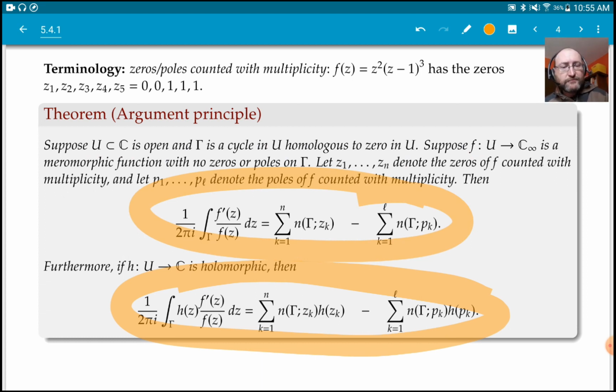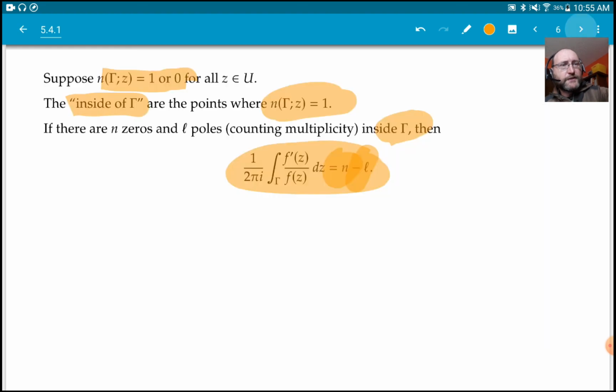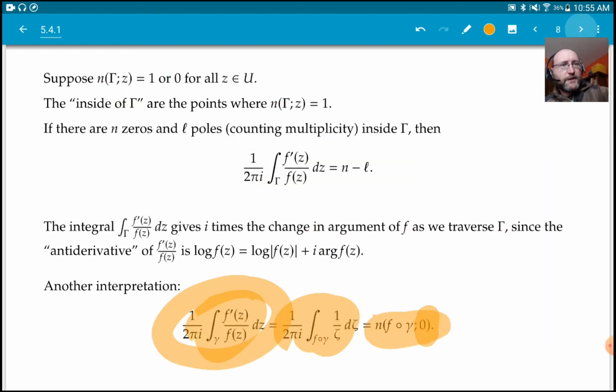So if we prove this, we've proved the whole thing. So let's just prove that. Let h be an arbitrary holomorphic function, and let's prove the second formula.